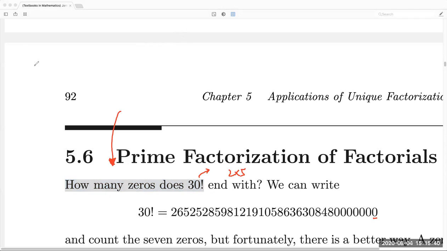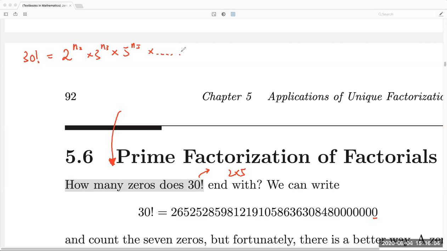So let's say 30 factorial. Any number can be represented as the product of prime numbers in some order. So let's say it has the form 2 to the n2, times 3 to the n3, times 5 to the n5, and so on.